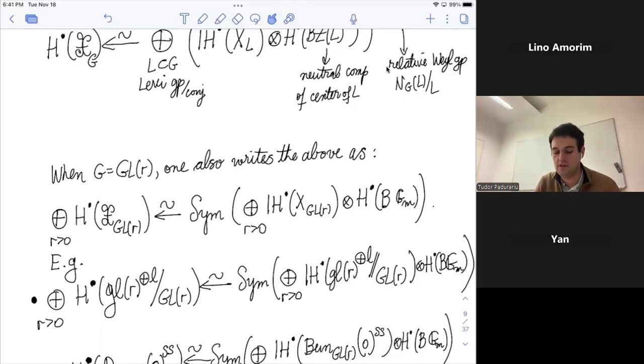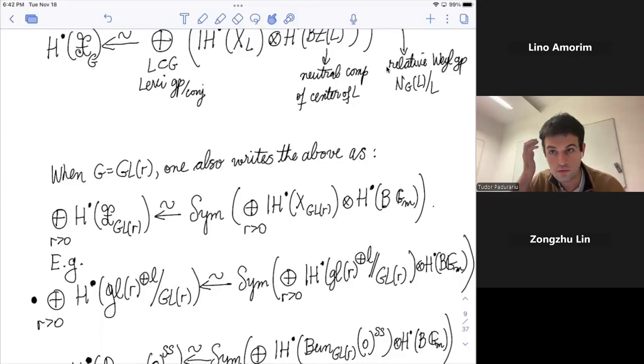Thanks. Can I ask a quick question on this isomorphism? On the right-hand side, that's the symmetric algebra of the direct sums with all the R. And on the left-hand side, for each R, what does the direct sum on the left-hand side mean?